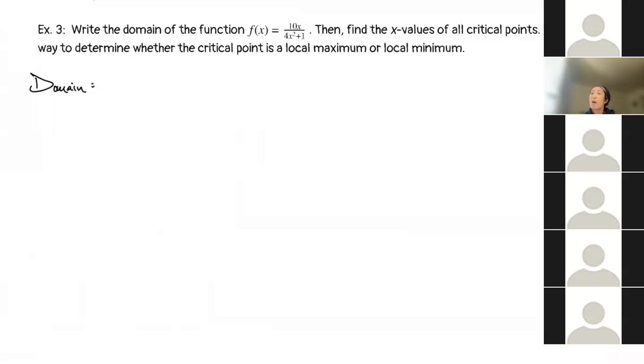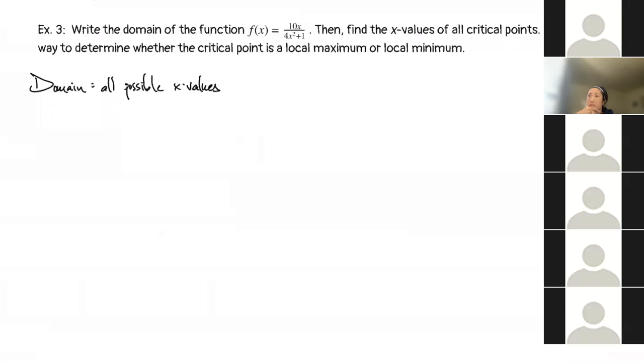Okay. So it's all possible X values. All right. So domain is all possible X values. How do we think about that, if all we have is this gross looking equation? What are some strategies?